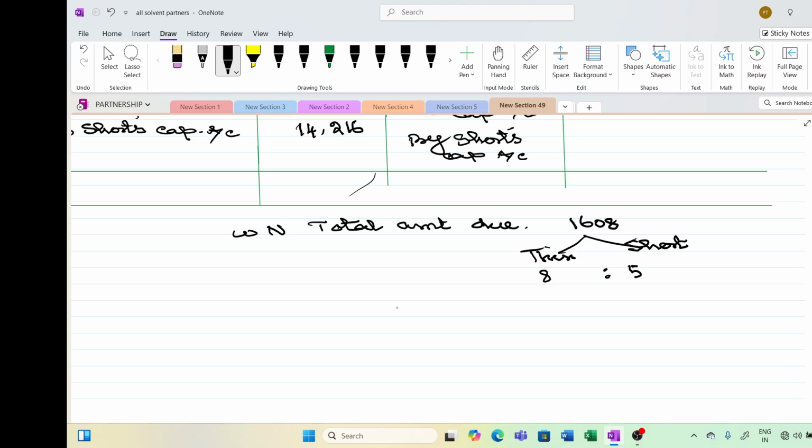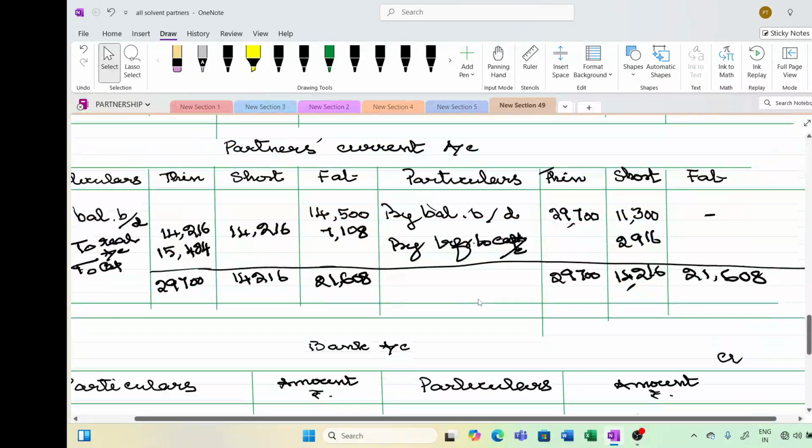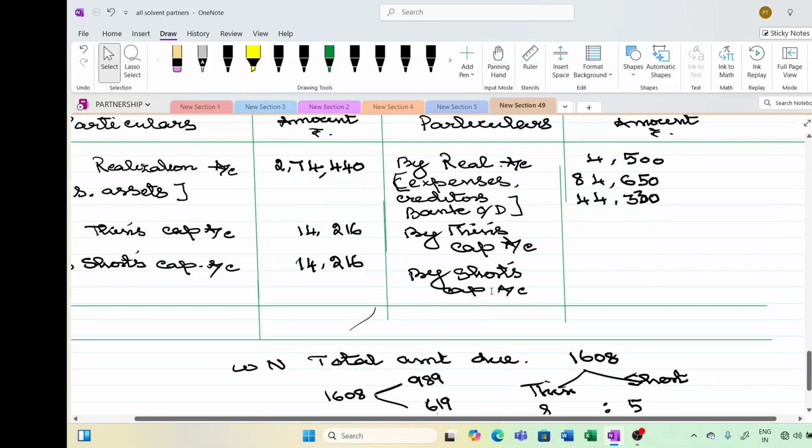That is 8 is to 5. So 1608 you have to distribute in their capital ratio, which will be 989 and 619. One rupee here or there will not matter much. So this will be borne by both the persons in the ratio of capital.